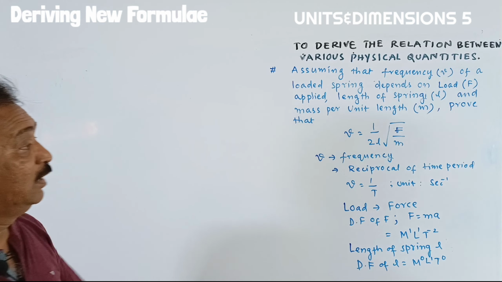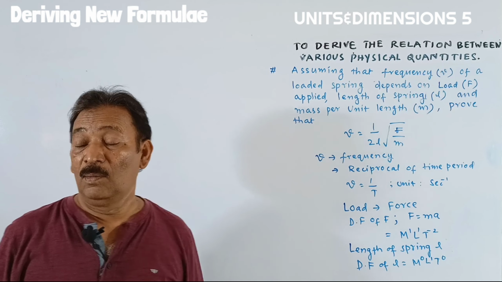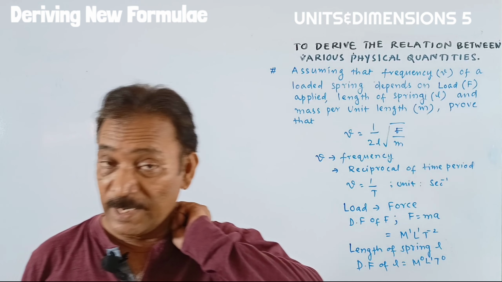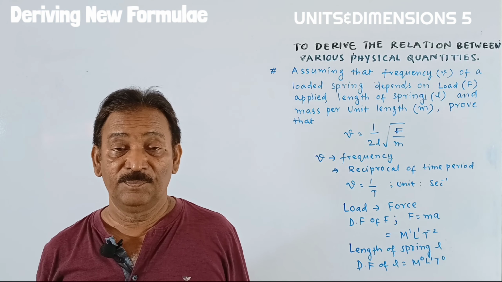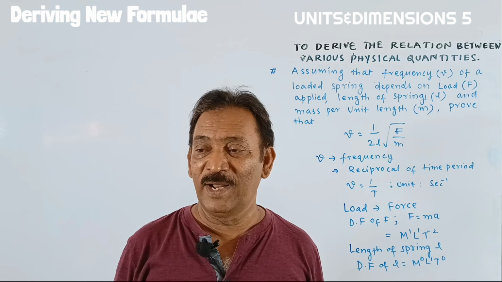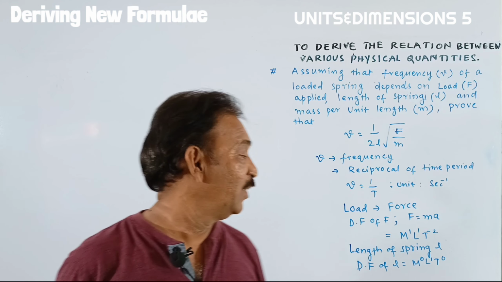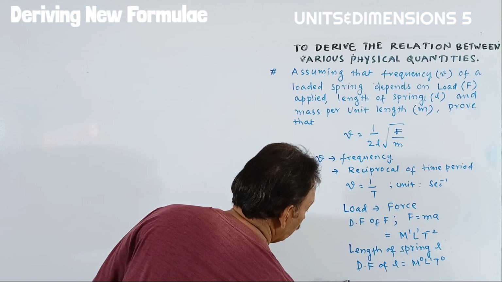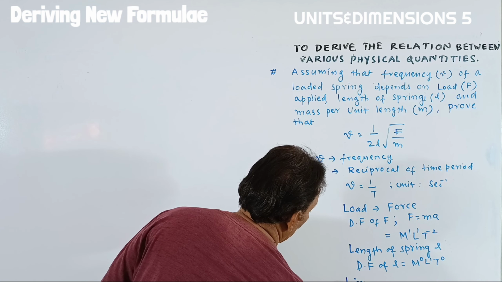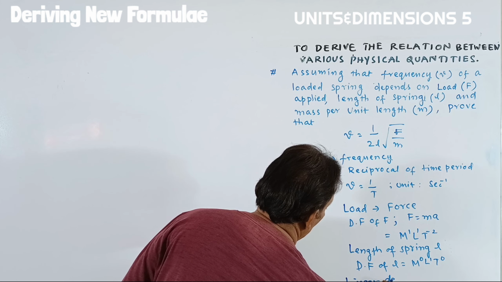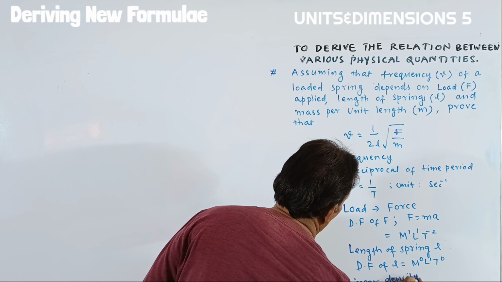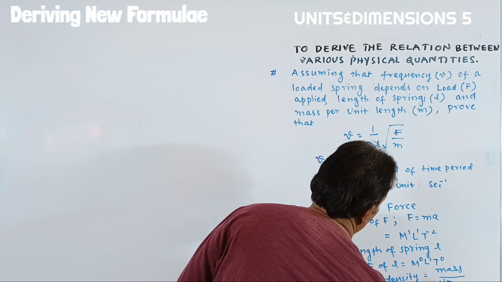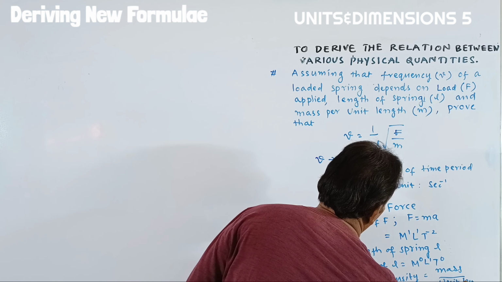And one more thing is involved here, that is mass per unit length. Mass per unit length is known as linear density, students. Linear density means mass upon unit length.